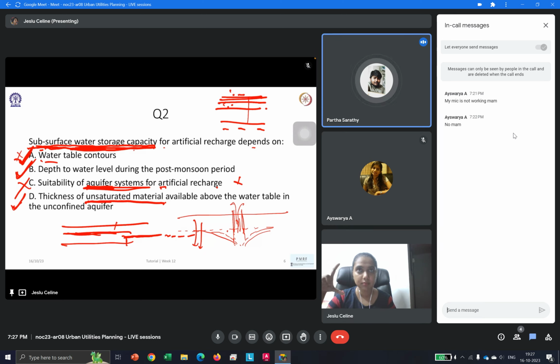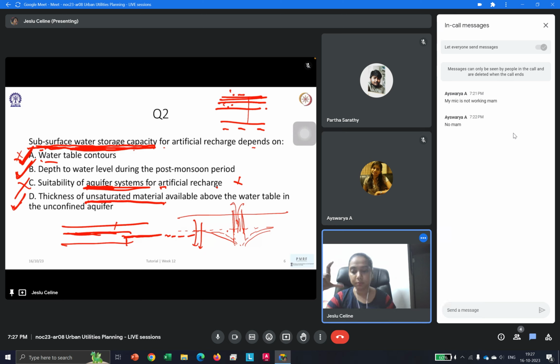It will increase. So it's inversely proportional. If there is more thickness, it will take more time to saturate, so it will affect the storage capacity also. So the answer for this is A, B, and D. C is not there.